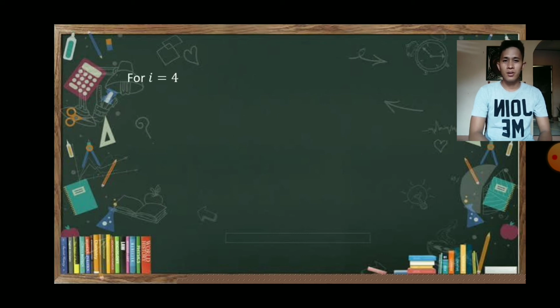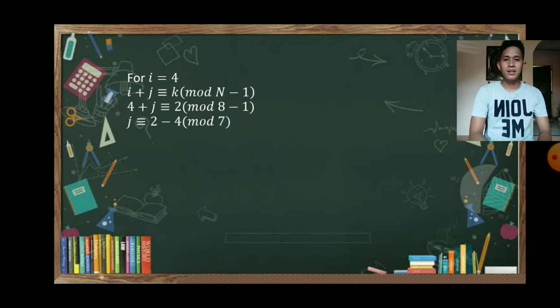For i equals 4, which is i plus j congruent to k mod n minus 1. Substitute the value of i, which is 4: 4 plus j is congruent to 4 mod 8 minus 1. j is congruent to minus 4 mod 7. j is congruent to negative 2 mod 7. j is congruent to 5 mod 7.